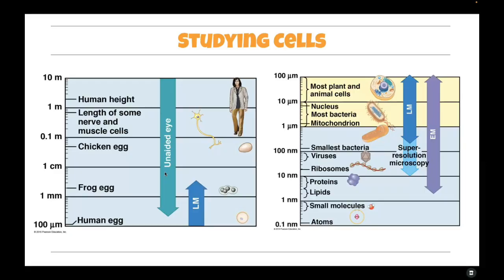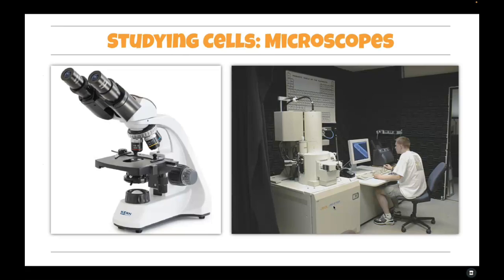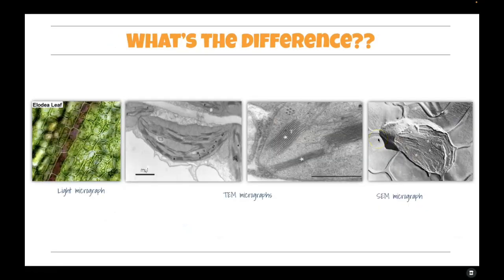But for really, really detailed things, we need an electron microscope. And so here are the differences between a light microscope, the one we have in class, and an electron microscope. The thing with the electron microscope is that it kills the cells, so you can't watch living processes. So we have to use different tools for different experiments.